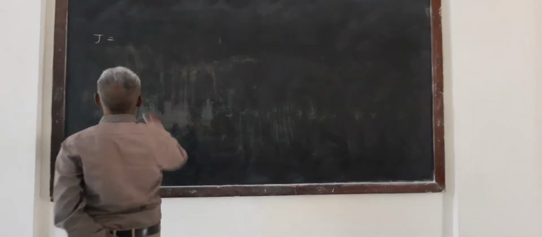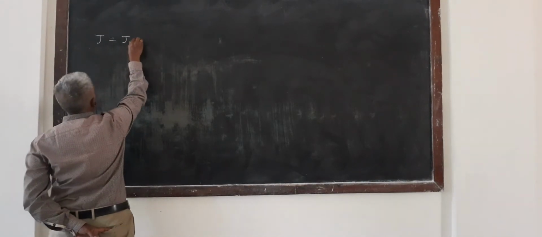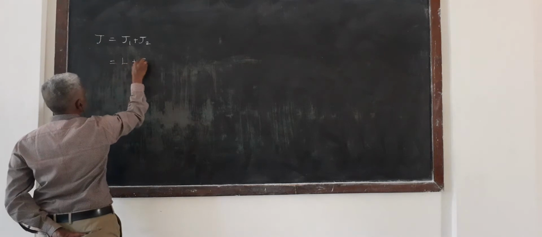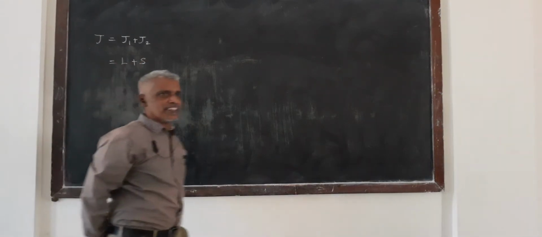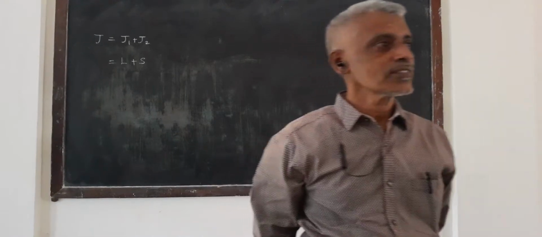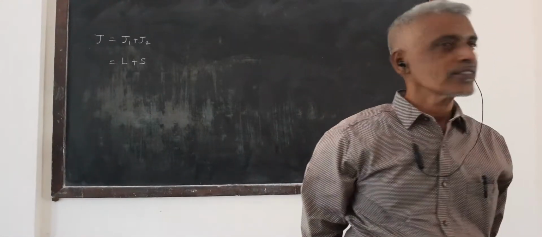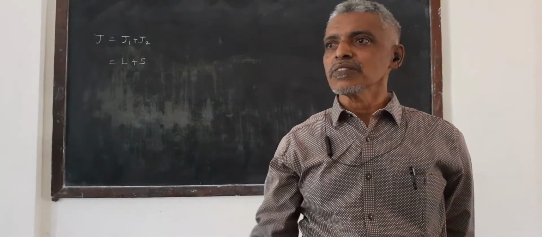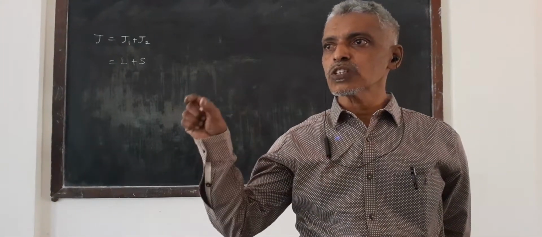Okay, J is equal to J1 plus J2. Any other thing? L plus S. These two are utmost important. We have to start with these two things.